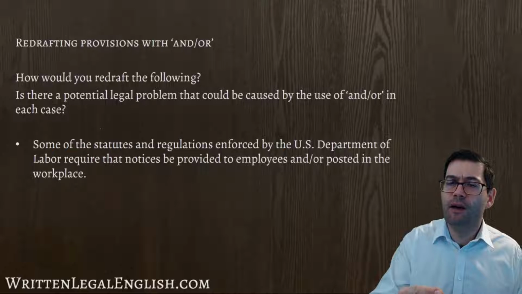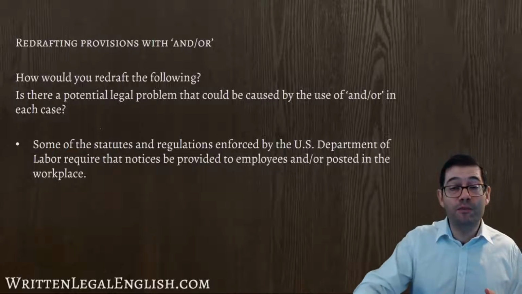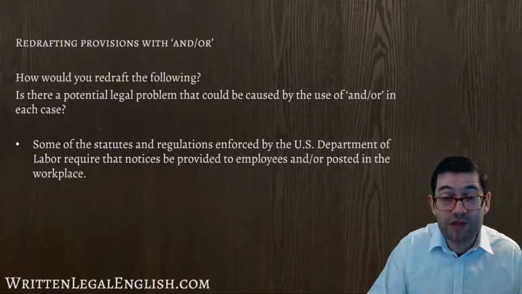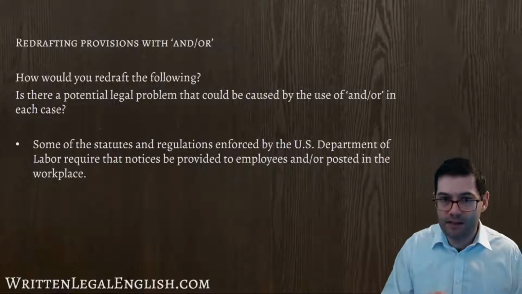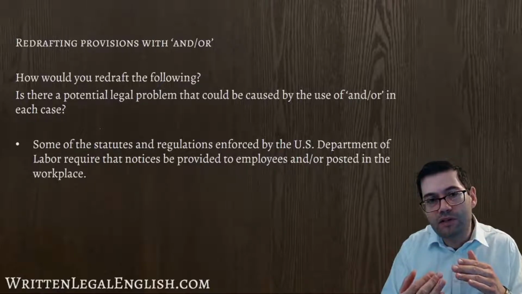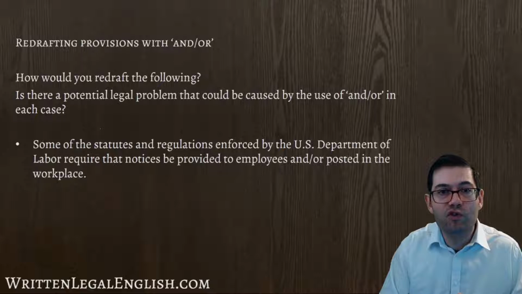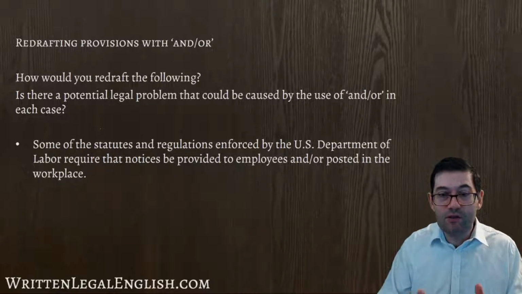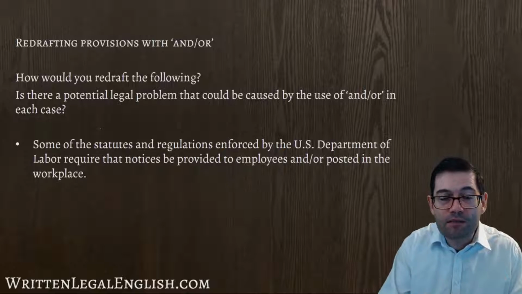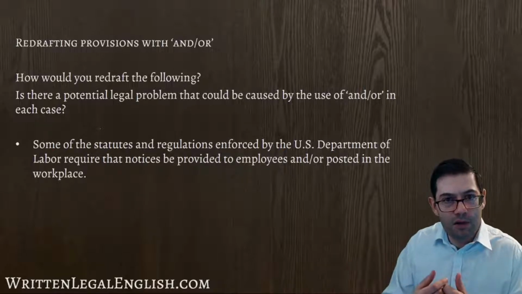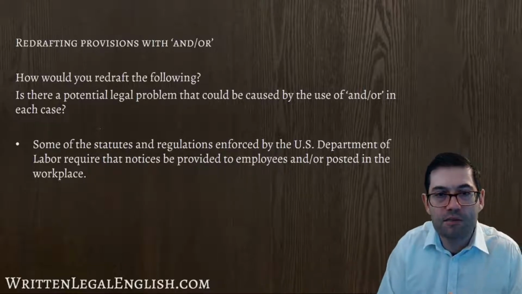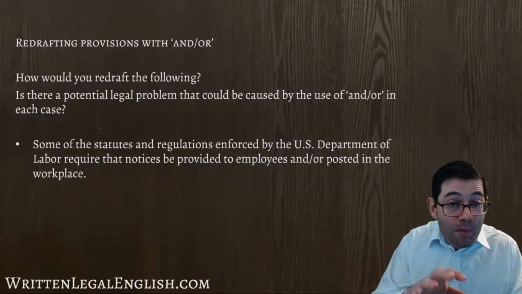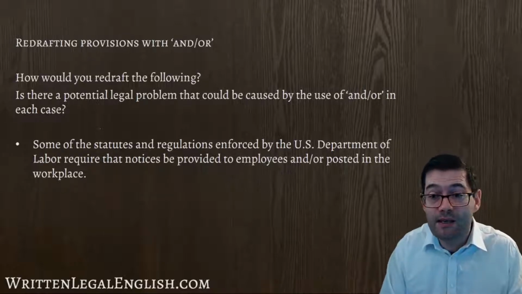Then you've got to think about it from the point of view of the person who's required to do this and the people who are subject to this, because those are two different points of view. The person who's required to do this provided the notices to the employees, but didn't post them in the workplace because this is how they understood the sentence. But of course that might not be what this provision intended.